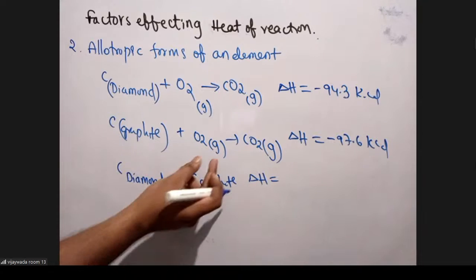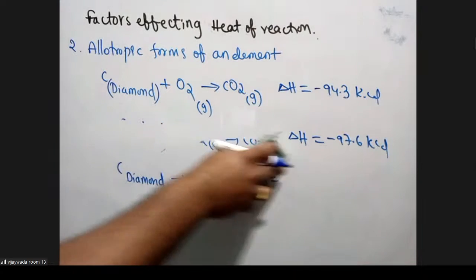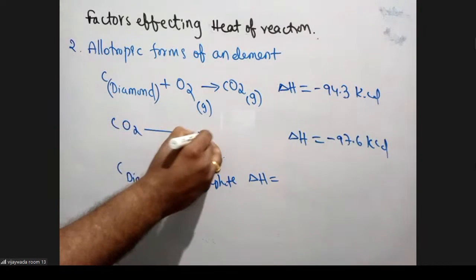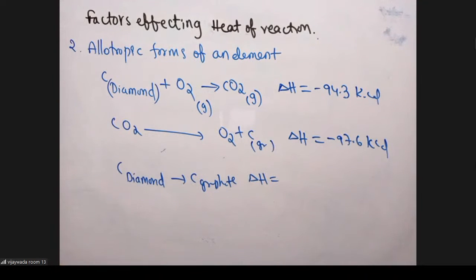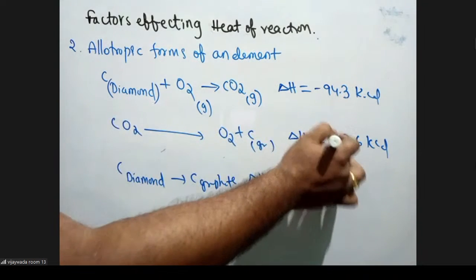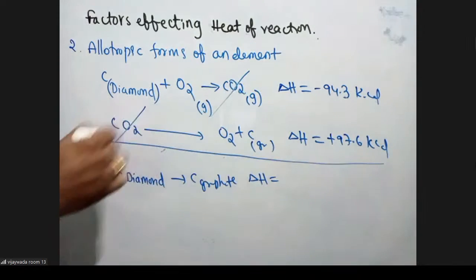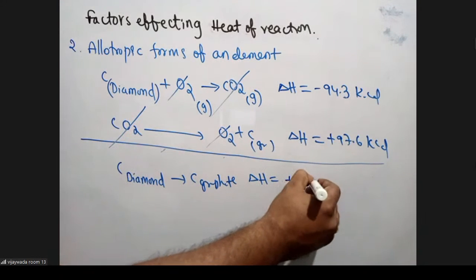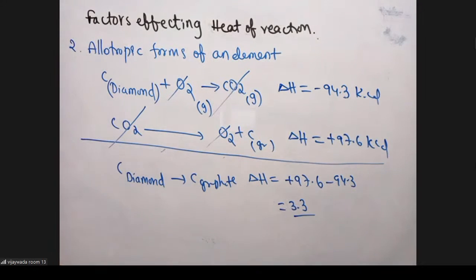Just reverse the second equation. Then carbon dioxide is on the product side, and oxygen and carbon graphite on the reactant side. If you reverse the equation, this value also is reversed. Add both the equations. Carbon dioxide cancels, oxygen cancels, remaining carbon diamond and carbon graphite. So plus 97.6 minus 94.3, the answer is 3.3 kilocalories.